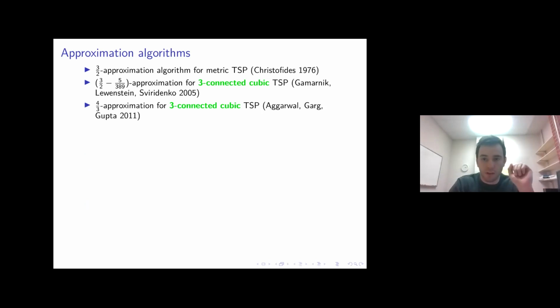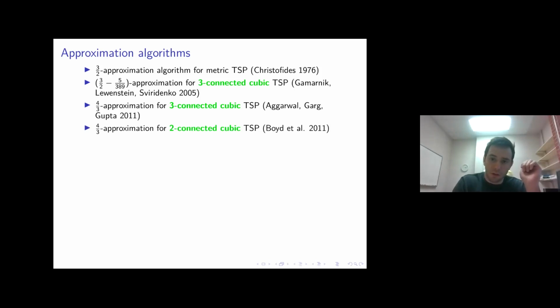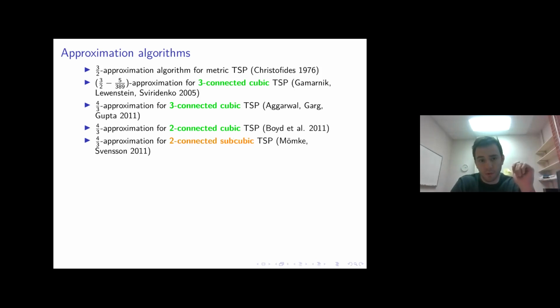Later on, motivated by Goemans' conjecture, Agrawal and Gupta were able to get a 4/3 approximation for 3 connected cubic TSP. This was later extended to 2 connected cubic TSP. Quickly after, all these very similar results came out. I don't know the exact ordering, but they also got a 4/3 approximation for 2 connected subcubic TSP.